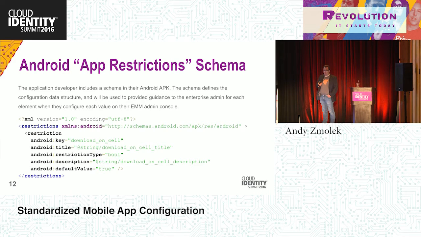And then a description that can be used. In other words, the EMM, when the admin hovers over that box when they're configuring, they're going to need to understand what is it that they are configuring. So that's brought in here. And then you can suggest a default value if it makes sense, so that it's pre-filled on the admin screen.